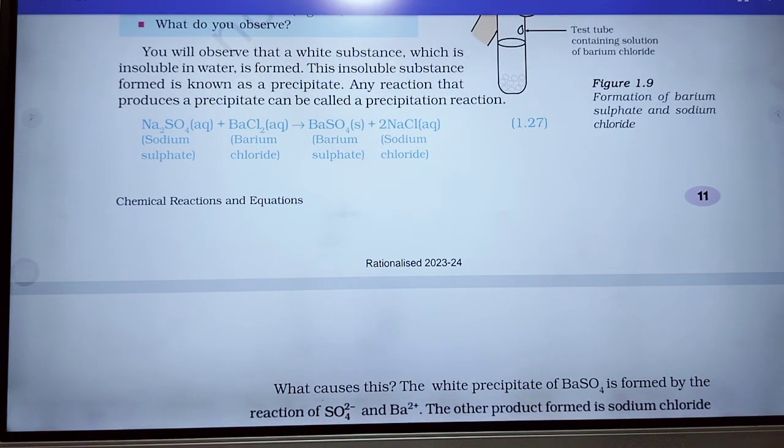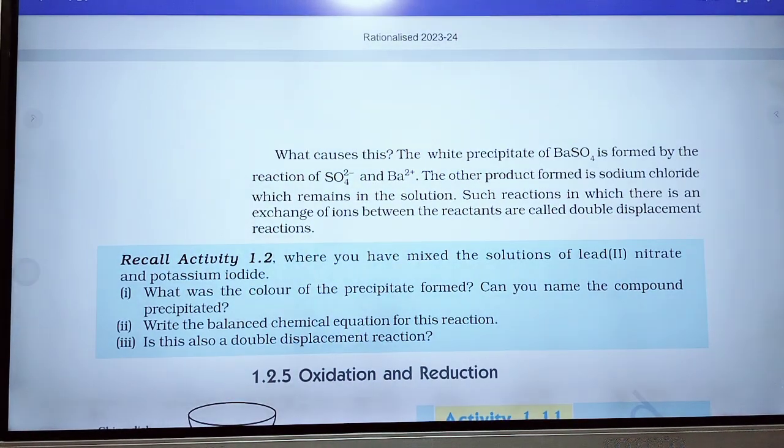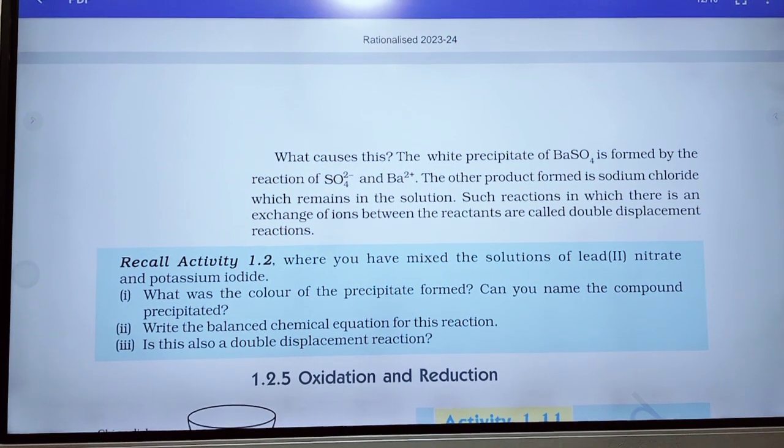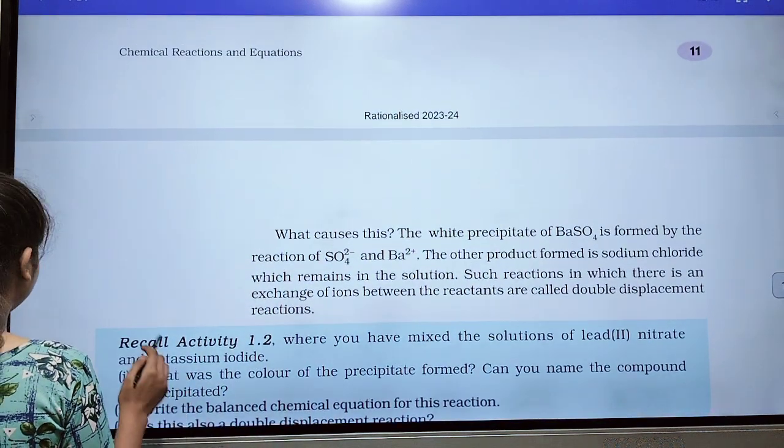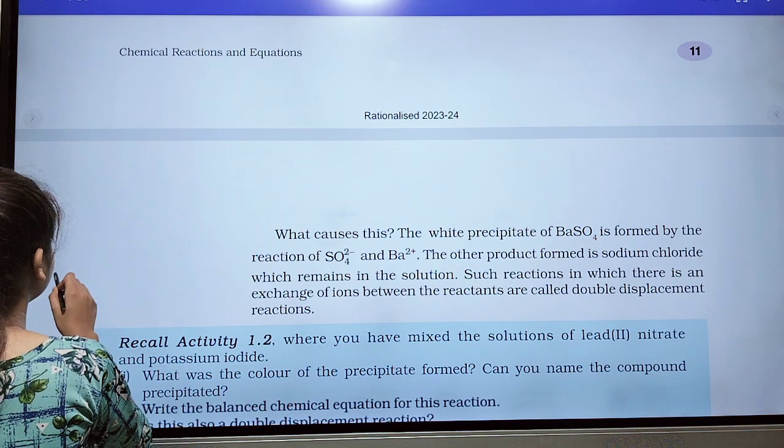The definition of double displacement is given here: the reaction in which there is an exchange of ions between the reactants is called double displacement reaction. I will give one example. See here, one example of a double displacement reaction.